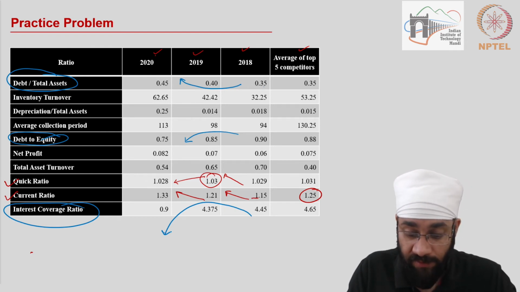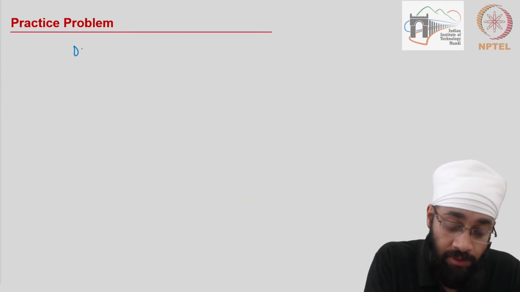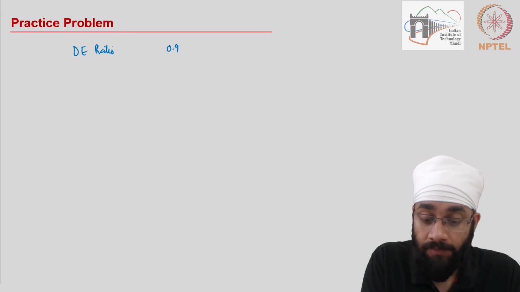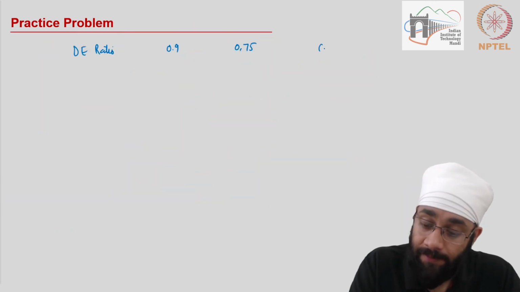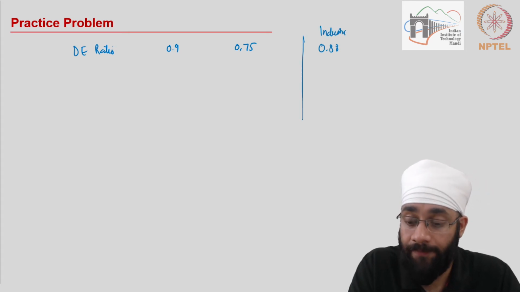Debt to equity first, from 0.90 to 0.75, and industry average is 0.88. 0.88 is the industry average, the benchmark.